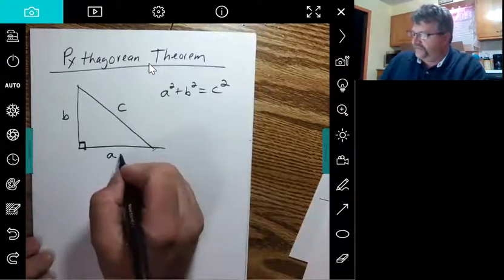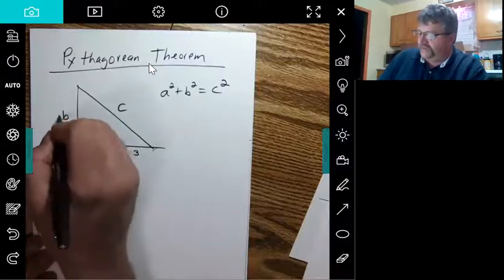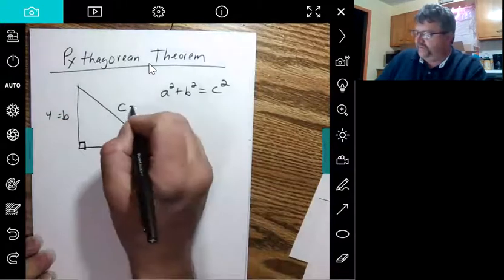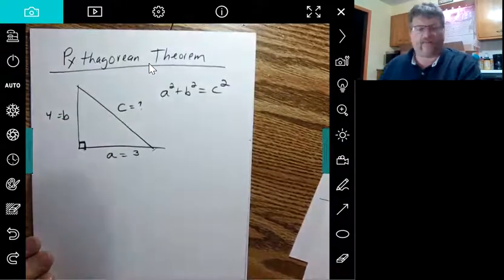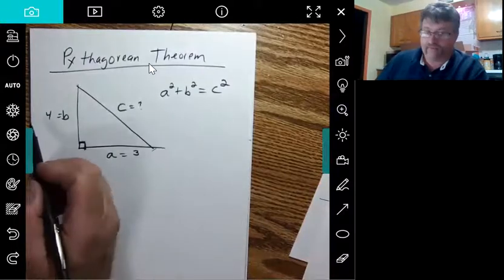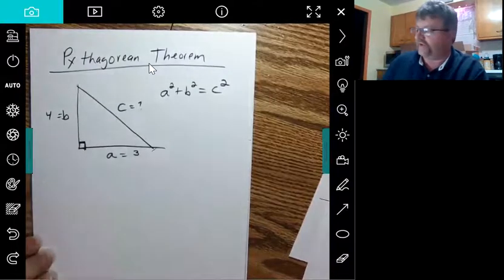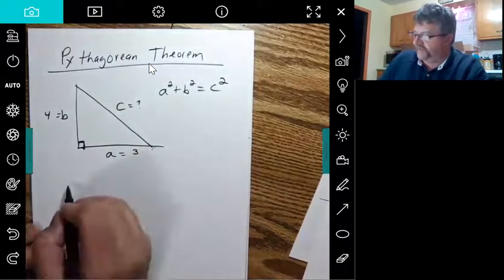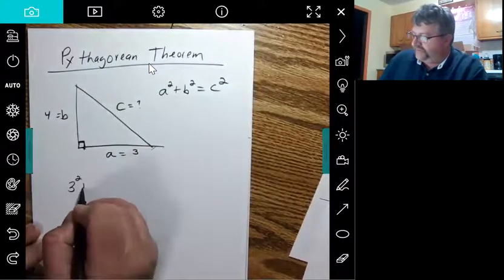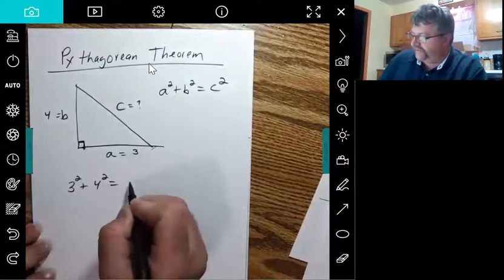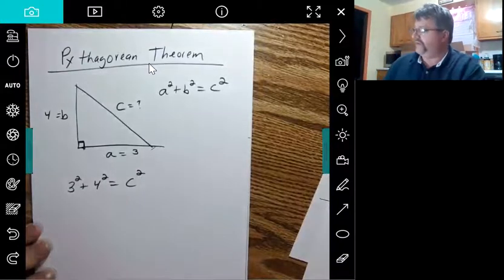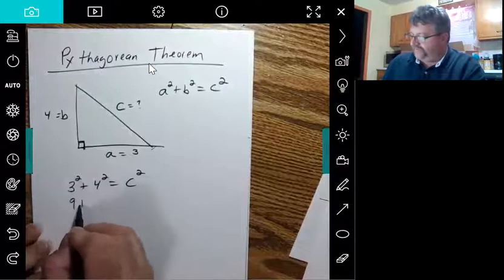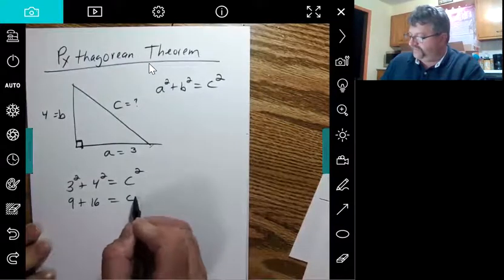So if somebody said, A is 3 and B is 4, what is C? Okay, here's a classic right triangle. A 3, 4, it's a 5. 3, 4, 5 right triangles. It's one of those you just remember. But let's plug it in and let's say 3 squared plus 4 squared equals C squared, right? Well, that's 9 plus 16 equals C squared.